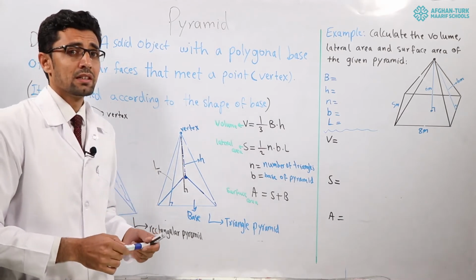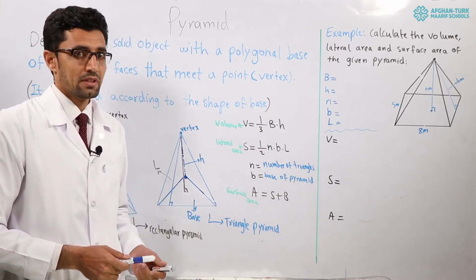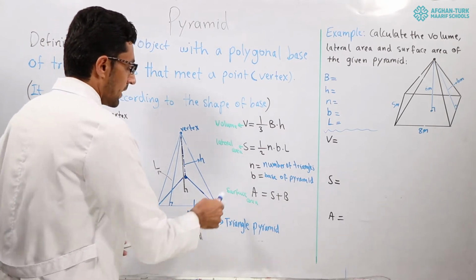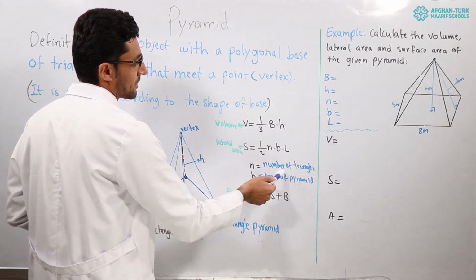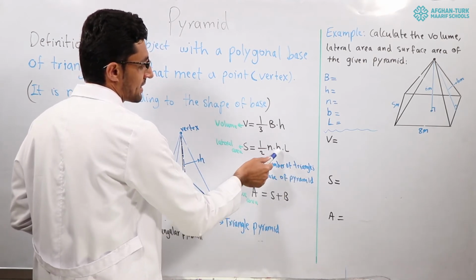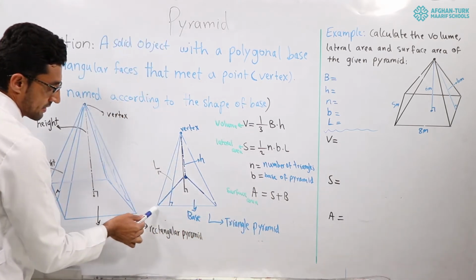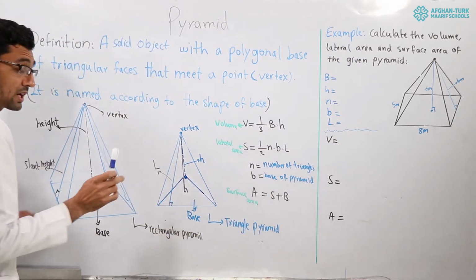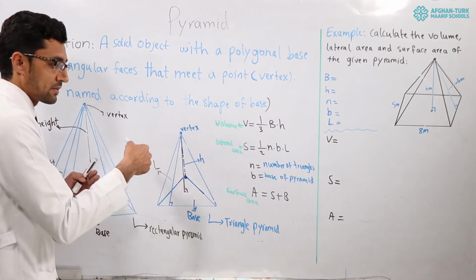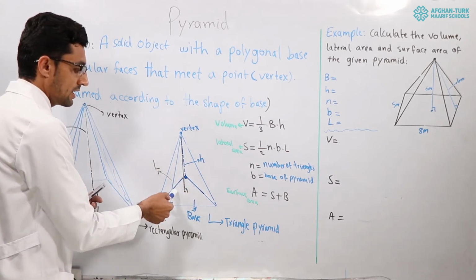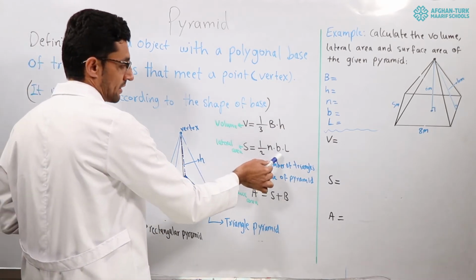As you saw, the pyramids in Egypt are the same. And I have written for you that n is the number of triangles and b is the base of the triangle. We have two bases. One is the base of the pyramid, for example, this triangle. Another, the length of this base, is called b.